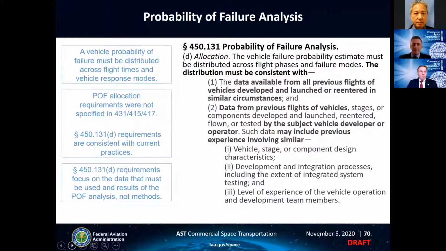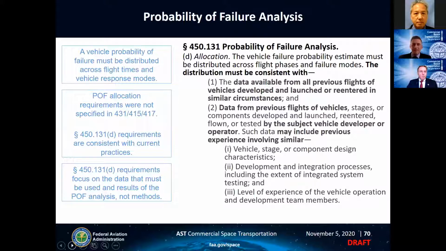So Part D discusses allocation of the probability of failure. Part D was not specified in 431 or 415, 417, but it is consistent with current practices. A vehicle probability of failure must be distributed across flight phases and failure modes, like I showed in the example at the beginning.